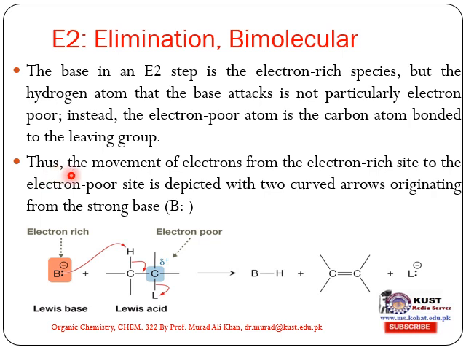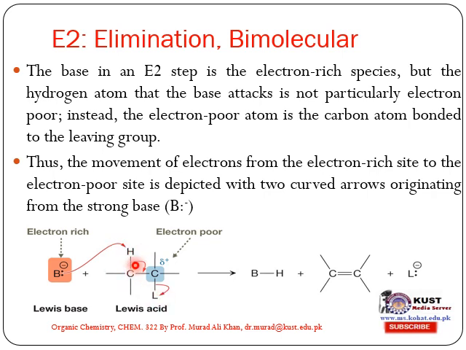So the movement of electrons from the electron-rich side to the electron-poor side is depicted with two curved arrows originating from the strong base. Like this movement of electrons from electron rich to electron deficient is here. The electrons move here, and the base takes the proton.